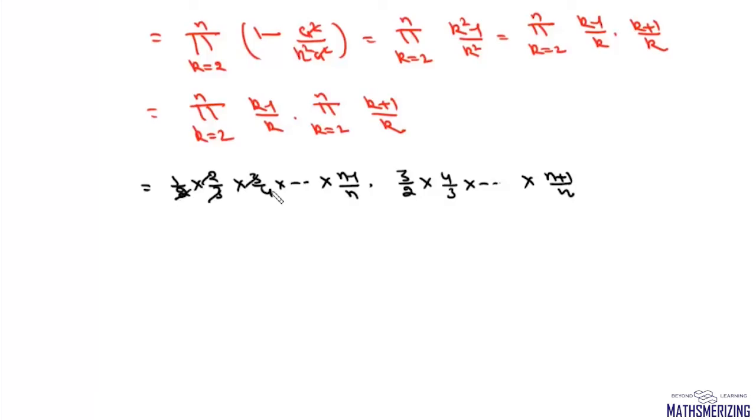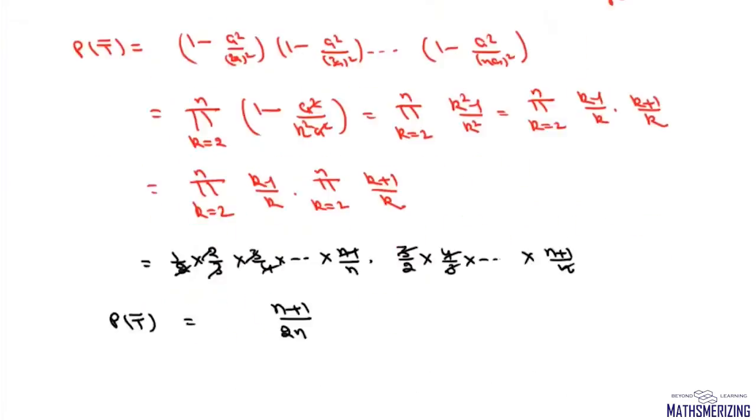Now here all these terms will cancel, and in this case these terms will cancel. So here we'll get n plus 1 upon 2n. So the probability that the hunter is going to miss the target will be n plus 1 upon 2n. Now we need to find the odds against the hunter.